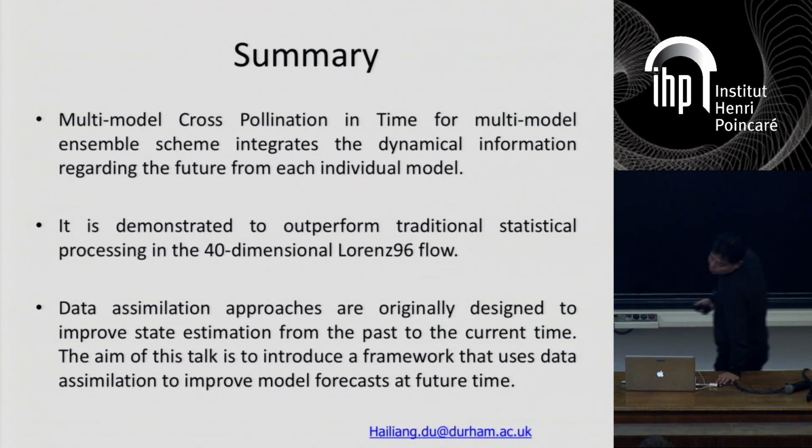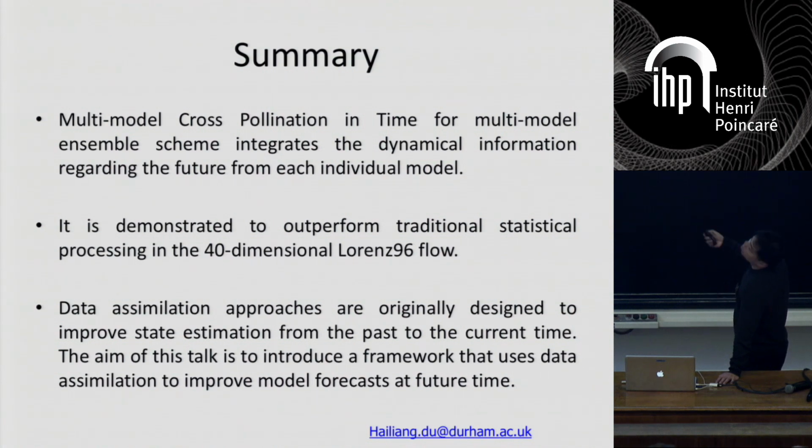In summary, we use the multi-model cross-pollination for multi-model ensemble schemes. It basically exploits this dynamical information, especially in the future. We have demonstrated this in the Lorenz 96 case, and the main thing I want to emphasize is that we used to use data assimilation to improve state estimation from the past to the current time, but now we are using this data synchronization scheme to improve the future forecast.